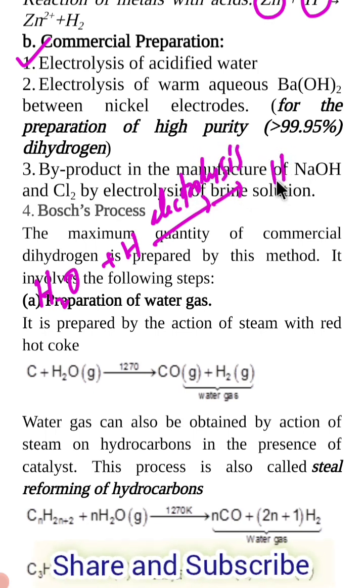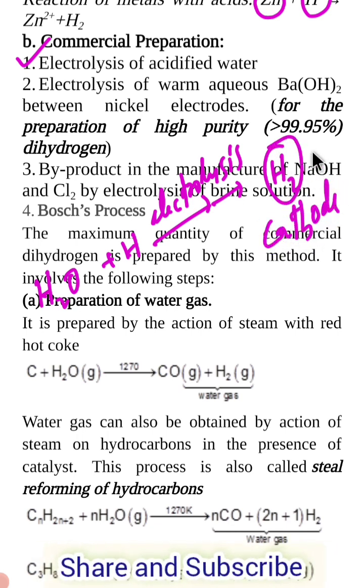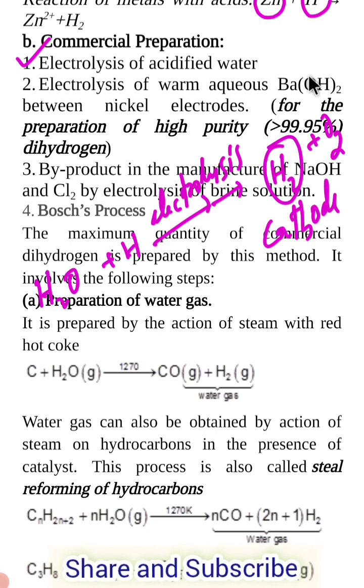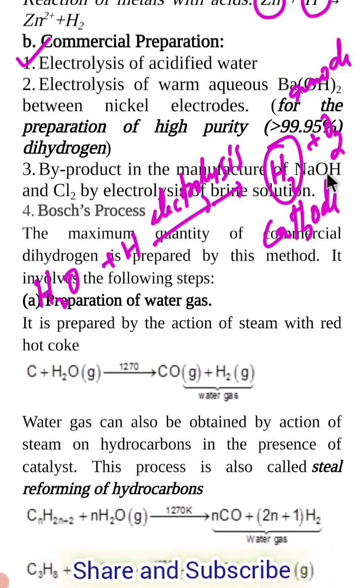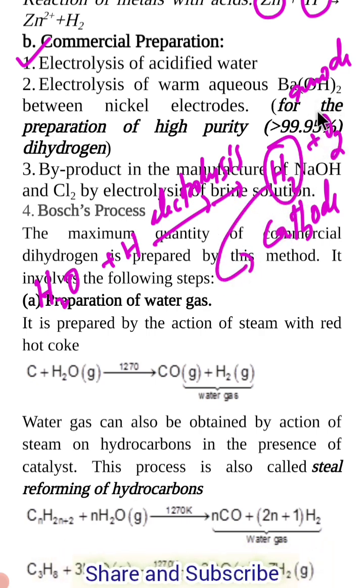We will get hydrogen gas at the cathode, while oxygen gas will be obtained at the anode. This is the first commercial preparation of hydrogen gas.